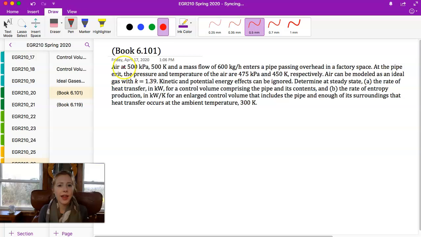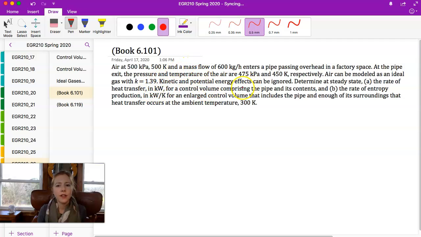So beginning with air at 500 kilopascals, this is number 6.101 from your book, at 500 Kelvin and a mass flow of 600 kilograms per hour, enters a pipe passing overhead in a factory space. At the pipe exit, the pressure and temperature of the air are 475 kilopascals and 450 Kelvin, respectively. Air can be modeled as an ideal gas with K equal to 1.39.